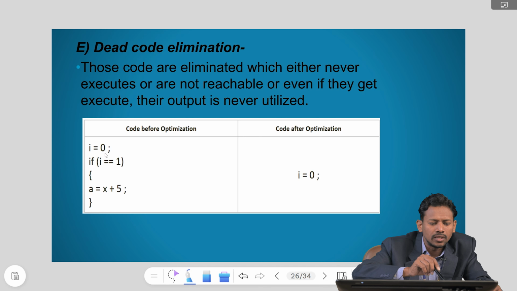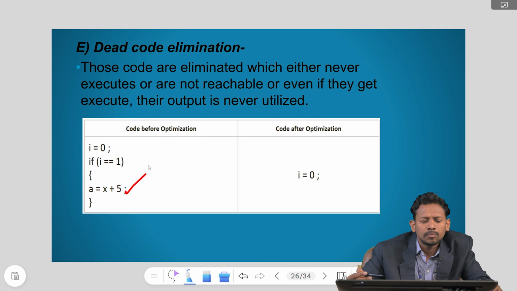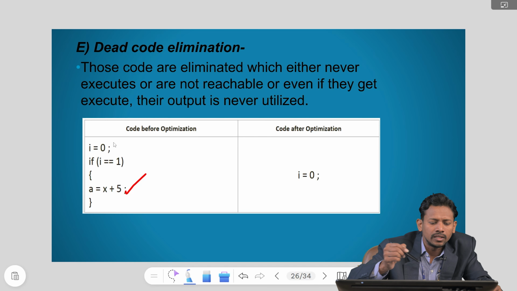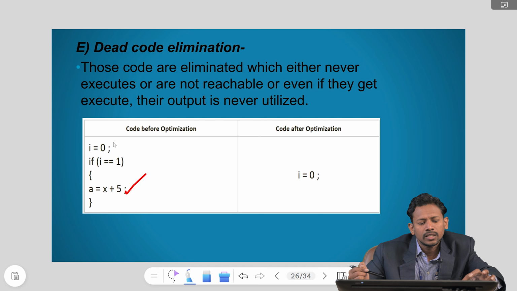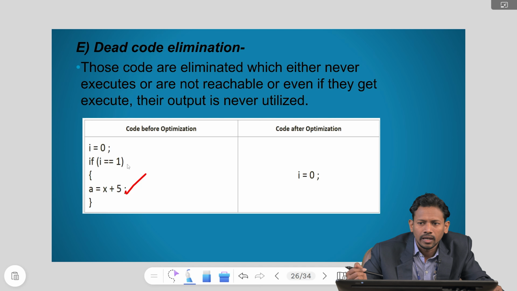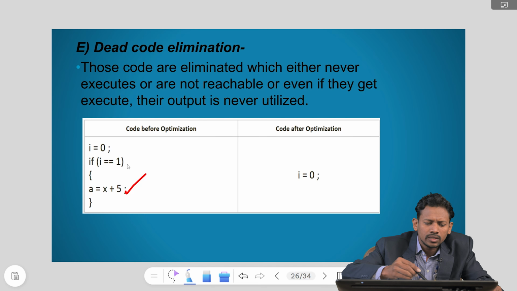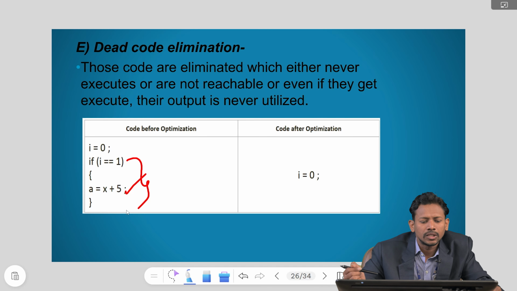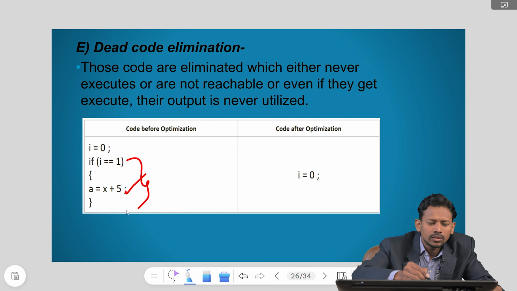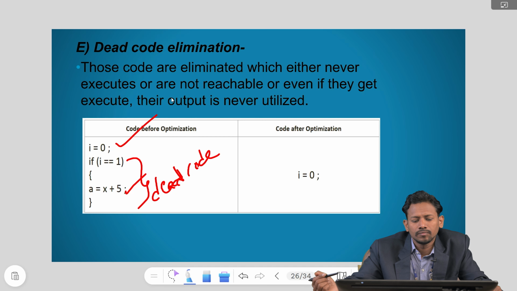I is assigned 0. If I is equal to 1, then do something. If you observe, the I value is already assigned 0, but the if condition is going to be checked against the I value 1. So this code will never be executed. This code is known as dead code because you have already given the value of I as 0.